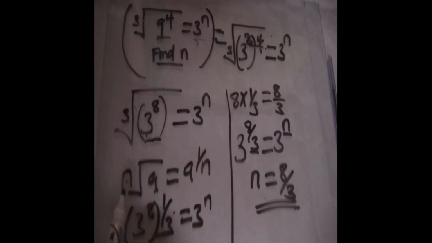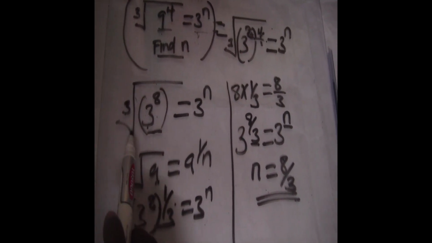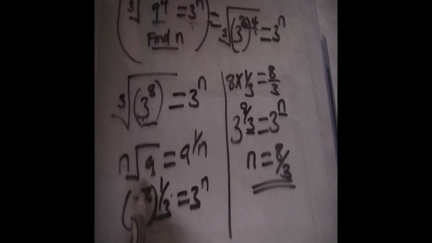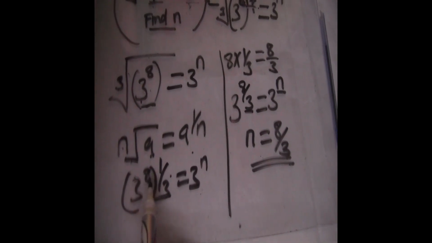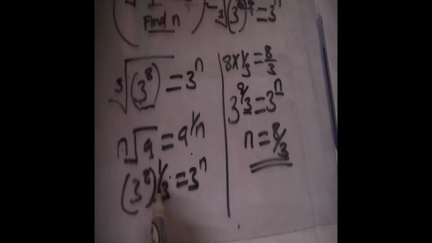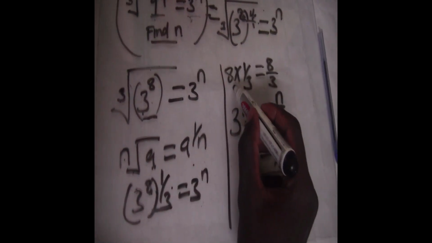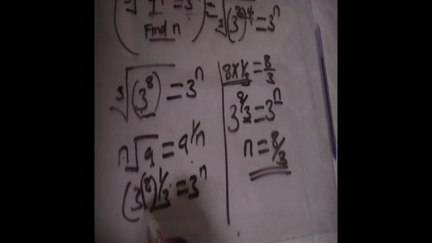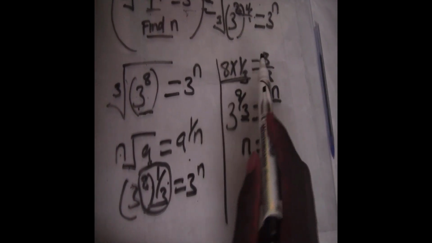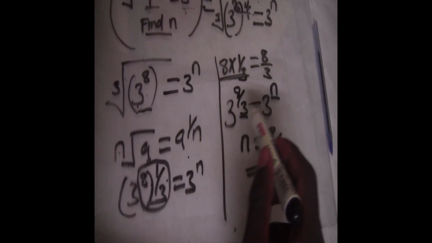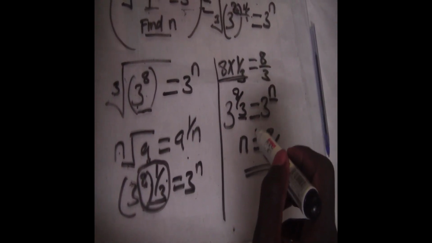After that, we used the root rule, which gives 3 raised to power 8 in bracket raised to power 1 over 3 is equal to 3 to the n. Then we did the power rule again, 8 times 1 over 3, and we get 8 over 3 is equal to 3 to the n.